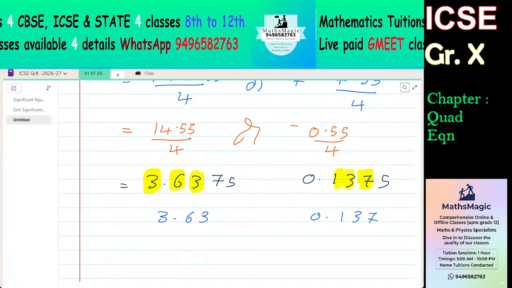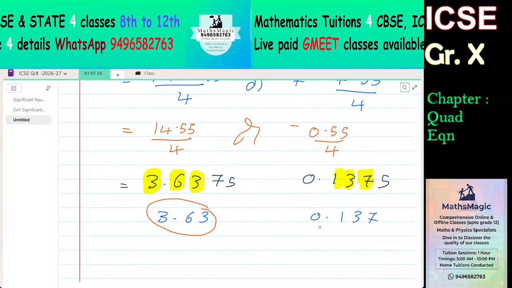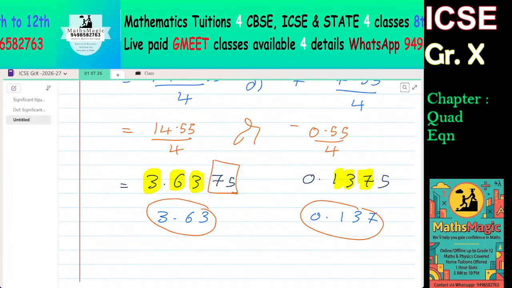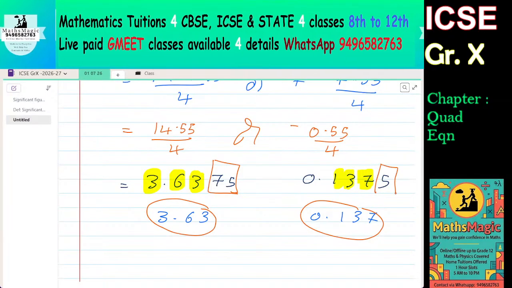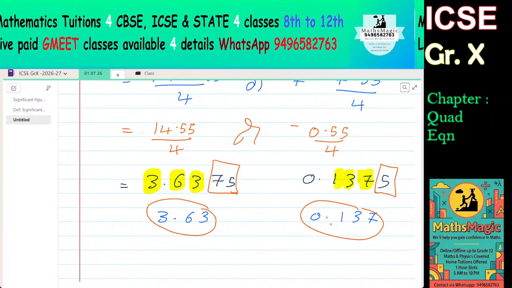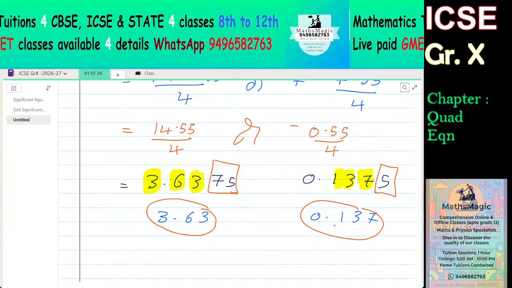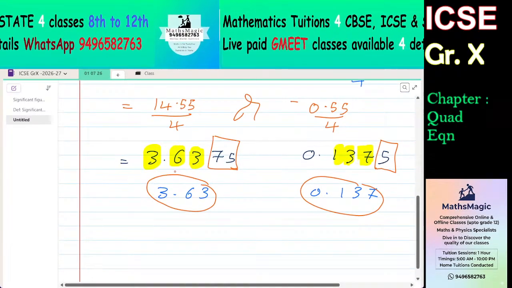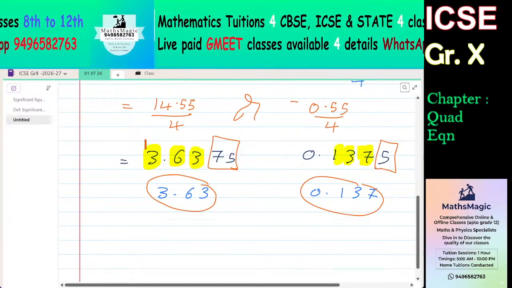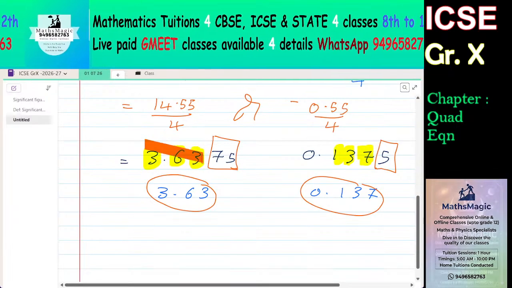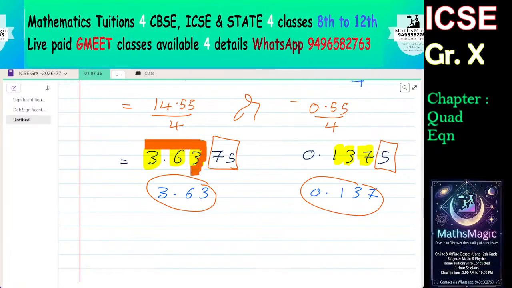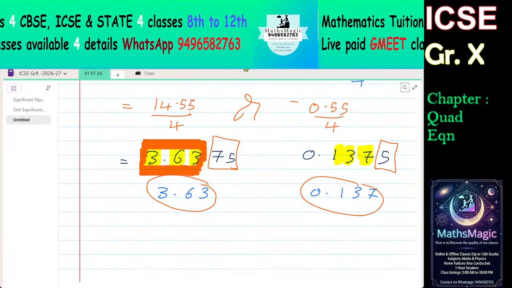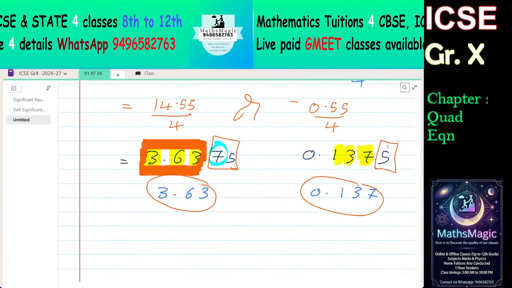So in this case, if you just simply ignore this part, you may lose maybe half a mark or 1 mark. Why? Because we need these three digits for sure. And the correction should be done based on this figure.